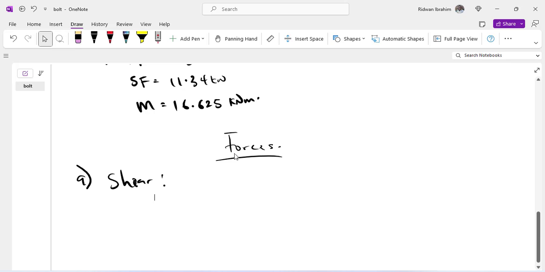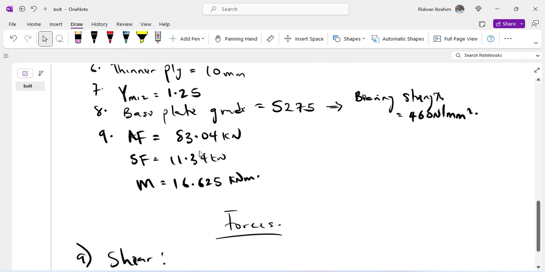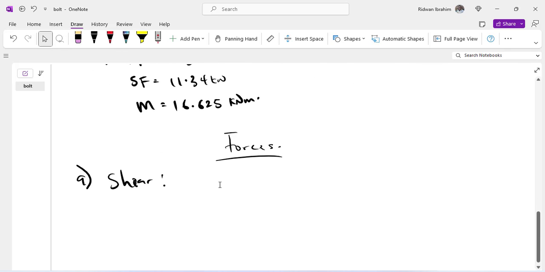So in that case, the shear force on each bolt is just going to be the total shear force divided by 4. Our total shear force is 11.34, and when shear wants to happen, it's going to happen on the 4 bolts. So I just need to divide that by 4, and that will give me 2.85 kilonewton.